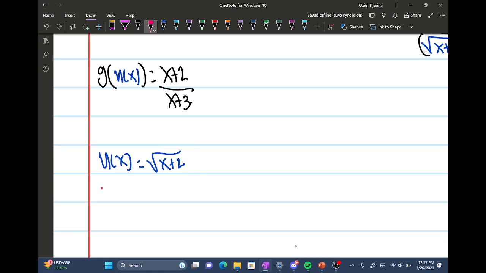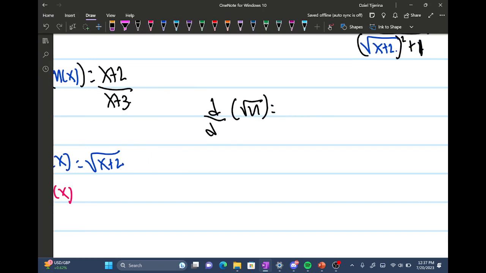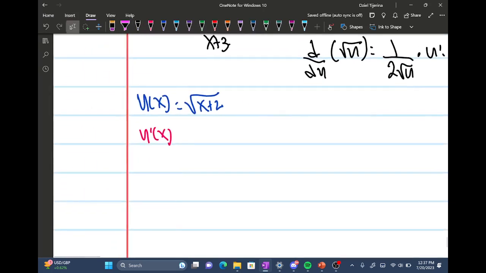So now u prime of x, well, if you think about it, d du of the square root of u is going to be 1 over 2 square root u times u prime, being the derivative of u. But in this case, it would be the following.